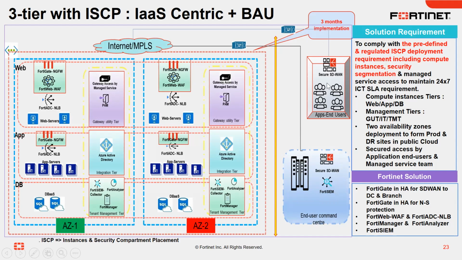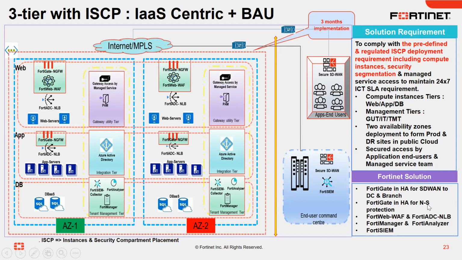Just deploy one pair of FortiGate SD-WAN solution. It allows the IPsec secure tunnel to access the internet and MPLS circuit, both in availability zone 1 and availability zone 2.